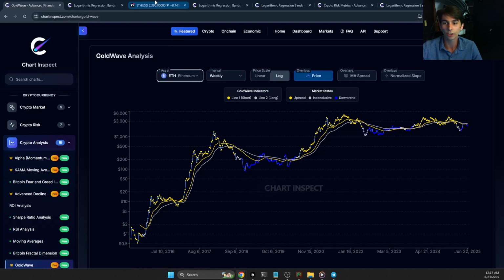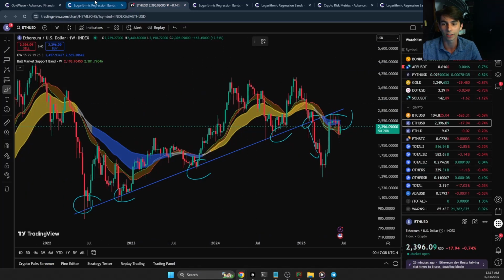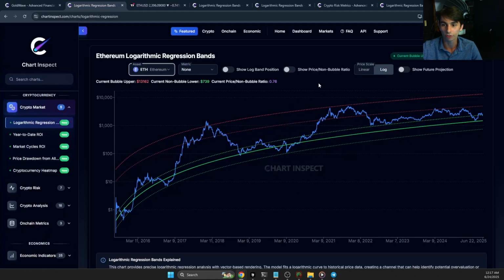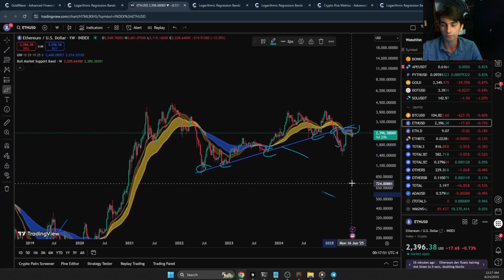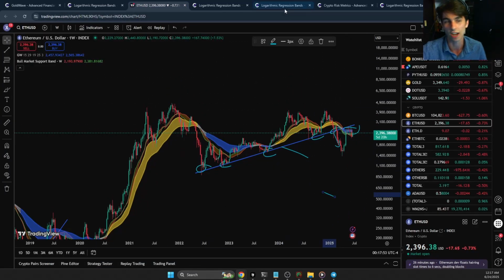So no one knows exactly what's going to happen in the markets, but we can use probabilities, and we can use these trend lines to show exactly where resistance and support could be, hypothetically. But then again, no one really knows what's going to happen.